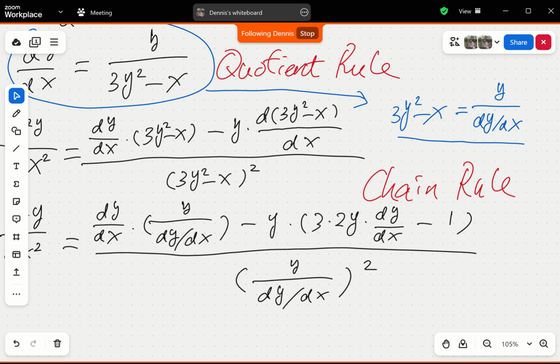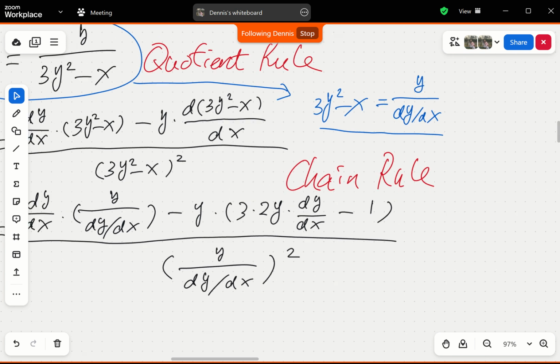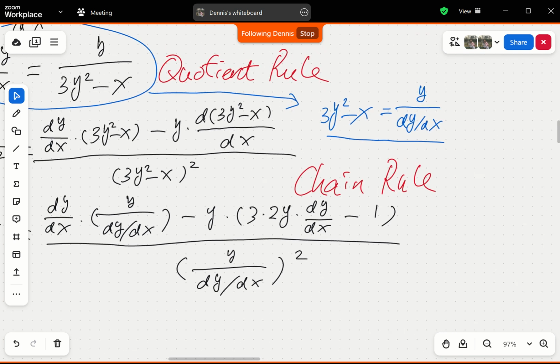Good. And we know that the numerator, dy with respect to x, can be cancelled. So the numerator is actually y minus 6y squared times dy with respect to x plus y.